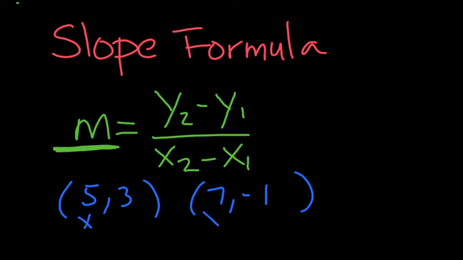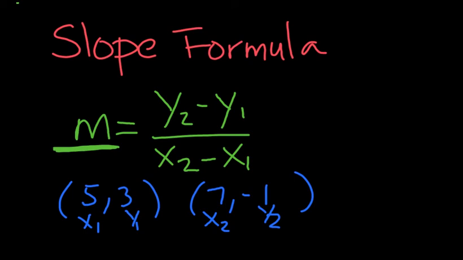And this is X. So which X? And this is Y. And this is Y. So which Y? So what you actually do is you sort of label your points and you go, oh, X sub 1, Y sub 1, X sub 2, Y sub 2. What it really means is like the first X and the second X and the first Y and the second Y. And that way you can keep it all straight and not mess it up in the formula.